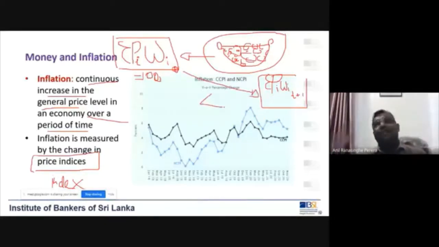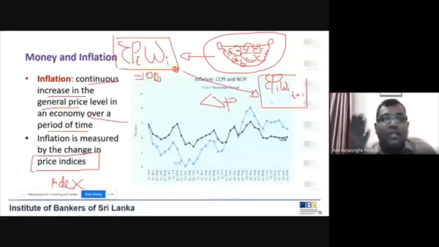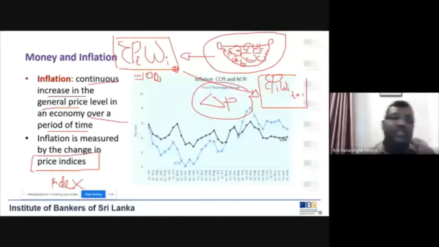That price change is the measure of inflation. It can be measured monthly, quarterly, or annually. Likewise, you can measure the price change, this delta P, over a period of time. When you measure it and record it, you call it the inflation rate.